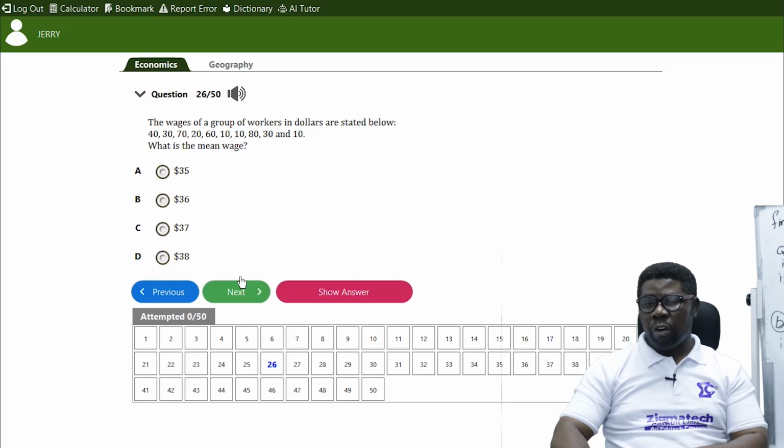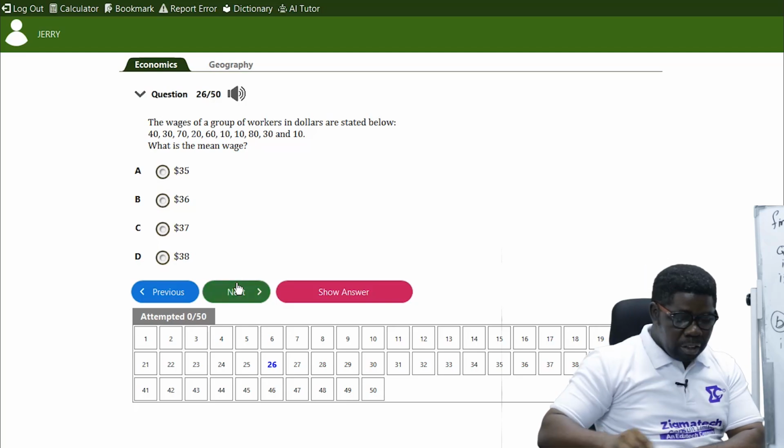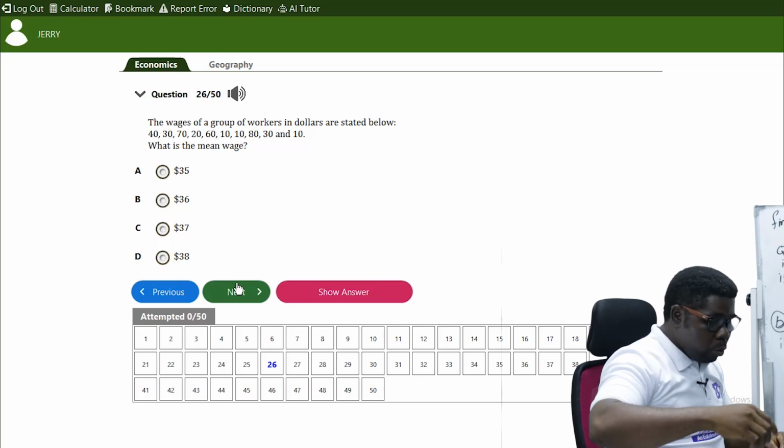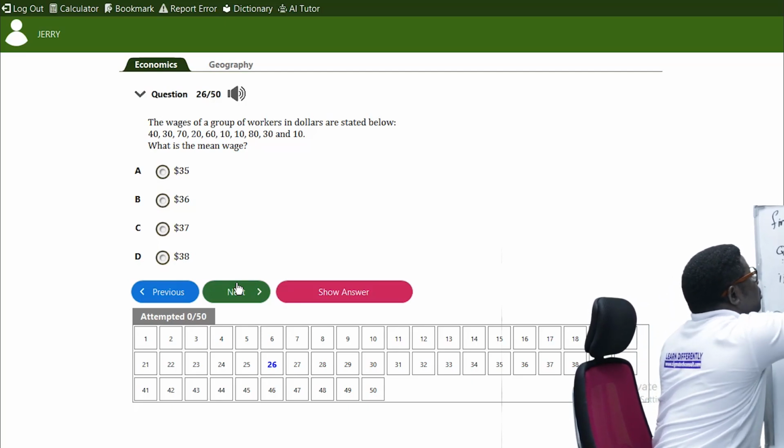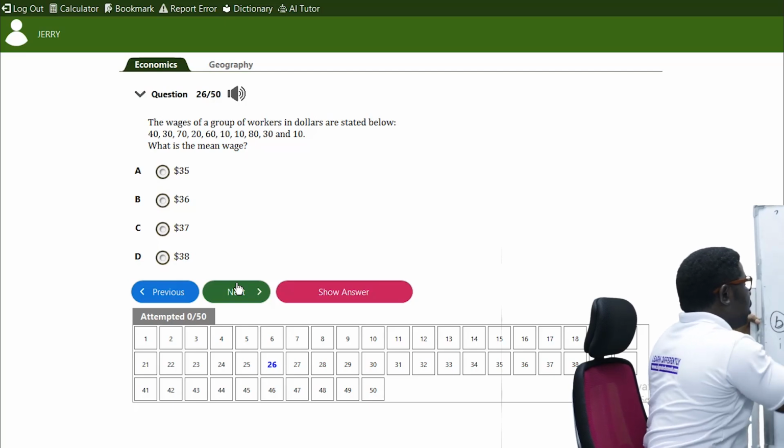The wages of a group of workers in dollars are stated below: 40, 30, 70, 20, 60, 20, 10, 10, 80, 30, 10. What is the mean score? As easy as it can be, you write down these numbers.